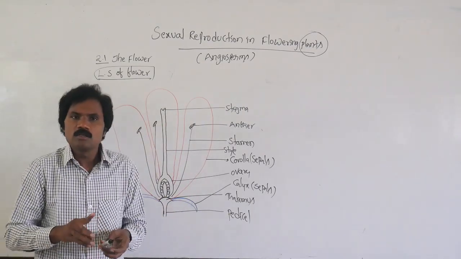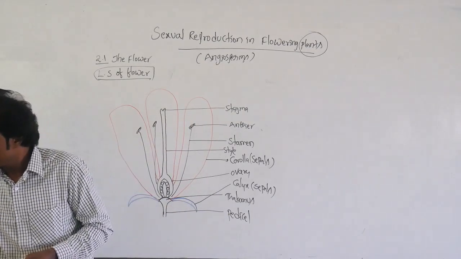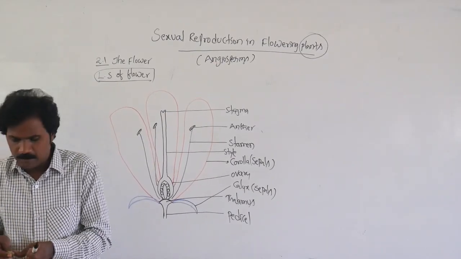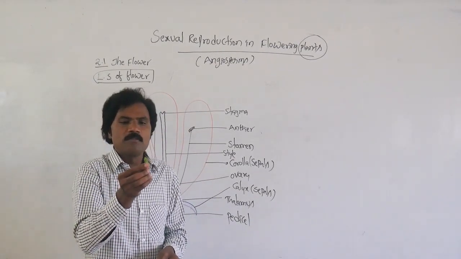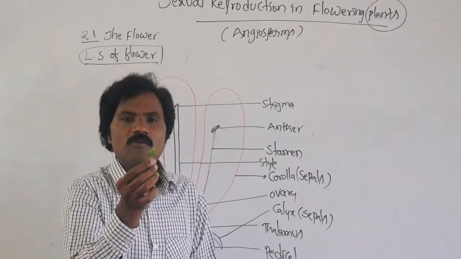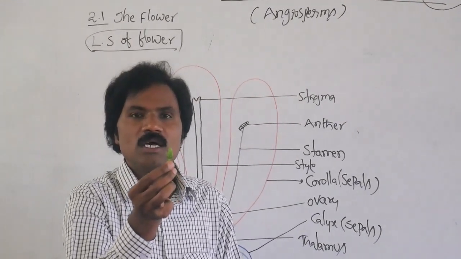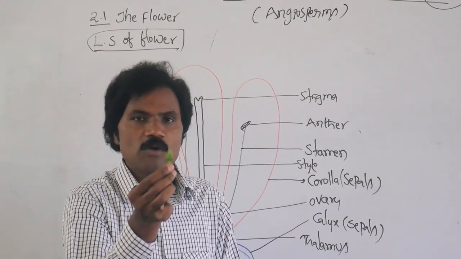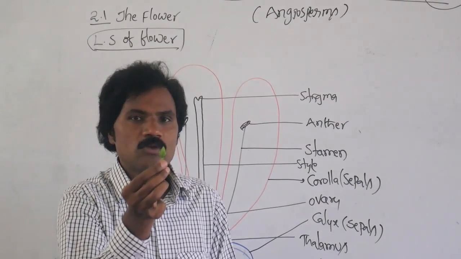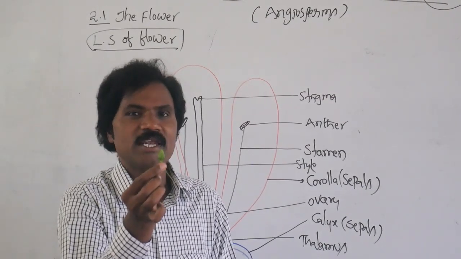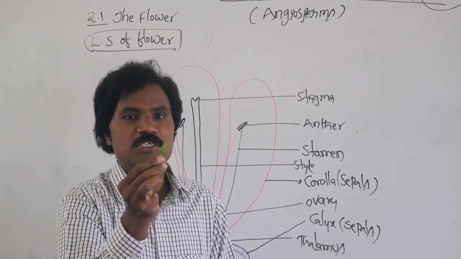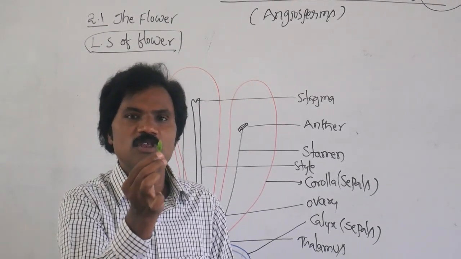Now, before maturation, while the flower is growing and developing, this is the example of China rose, Hibiscus rosa-sinensis. This is the first stage.